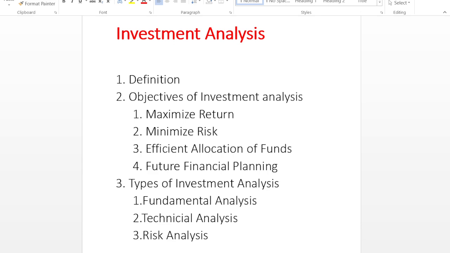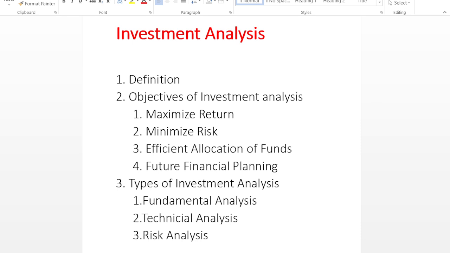When you are investing the money in a particular area, you have to think about the long term goals so that after 55 or 60 years you should get the retirement amount. Likewise, you have to think about this when you are investing in a particular area. That is nothing but the objectives of investment analysis. Here we have four major objectives.